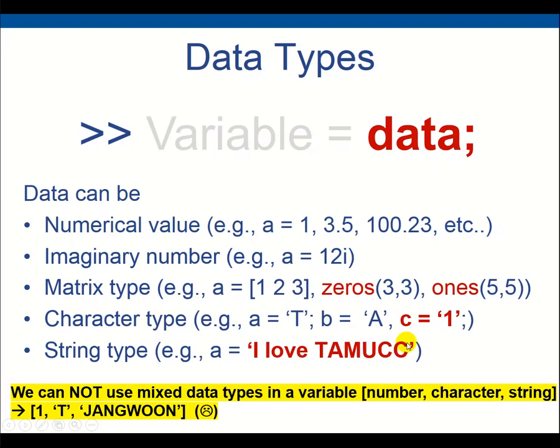But be careful, a MATLAB matrix cannot contain mixed data types, such as this one, where one is a numeric value, T is a character, and the other is a string type. So we cannot mix the type of data. It should be numbers only, or characters only, right? There are no mixed types.